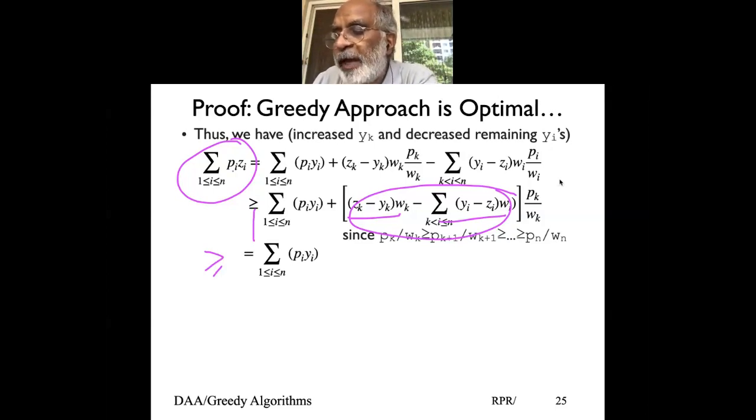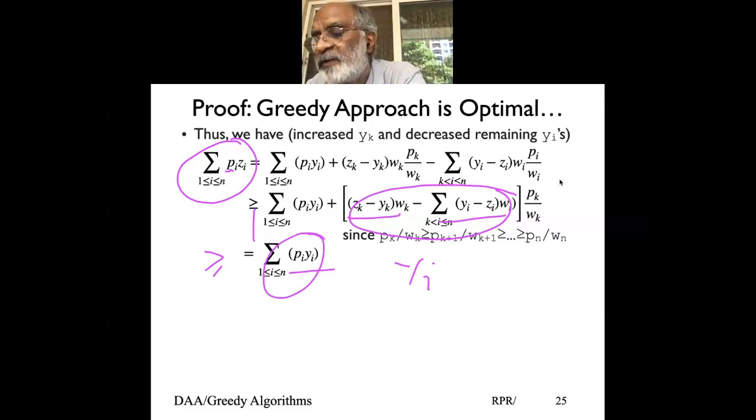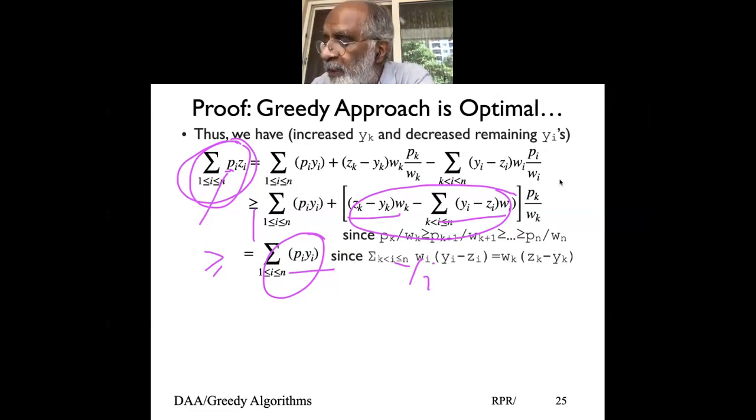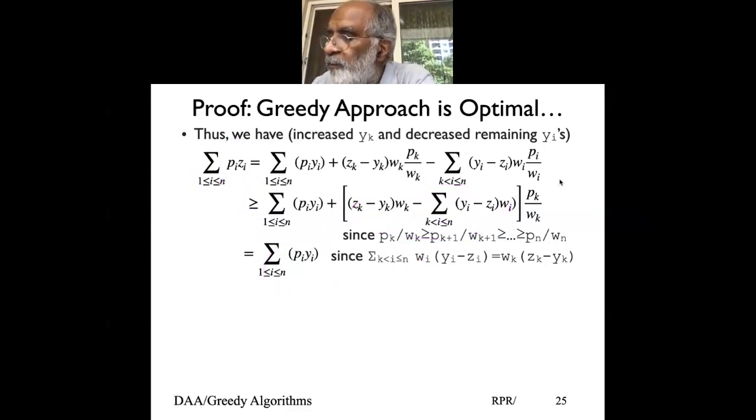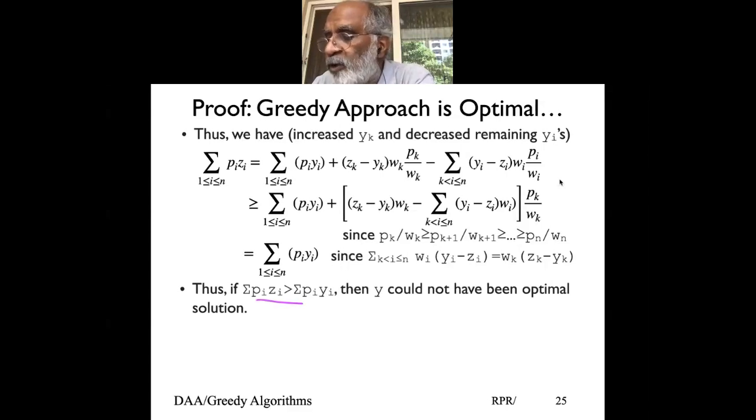Now sigma pi zi cannot be more than sigma pi yi, because we said my yi's are optimal. That means sigma pi yi is maximum, and we got a solution which says pi zi is greater than or equal to pi yi. That means this is a better solution, which cannot be the case. So my pi zi cannot be more than pi yi.